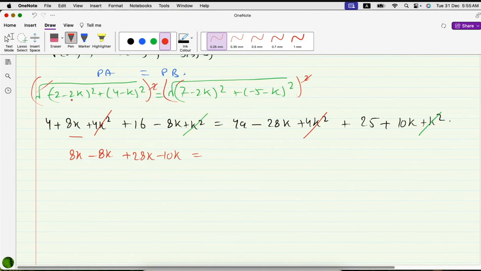And all the numbers on the right hand side. 49 is already there, 25 already there, 16 and 4, minus 16, minus 4. 18k is equal to 49 plus 25 minus 16 minus 4, which is 54.